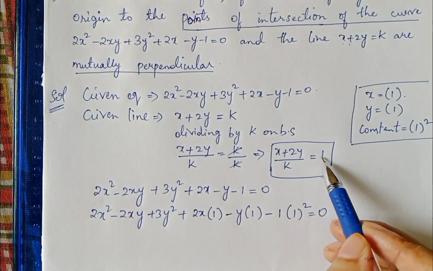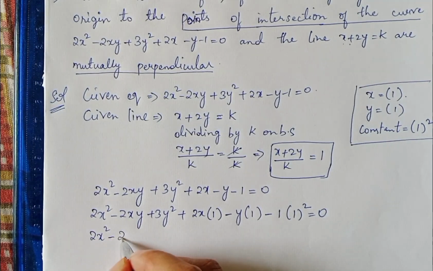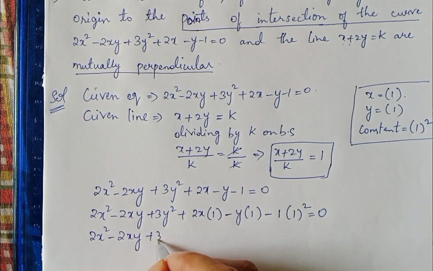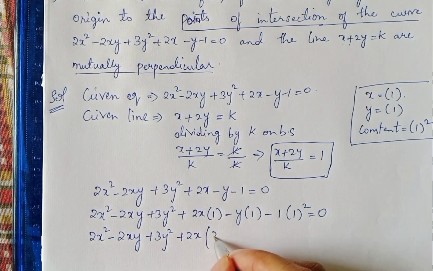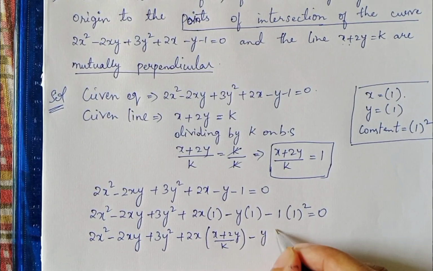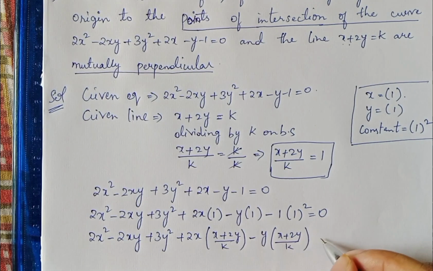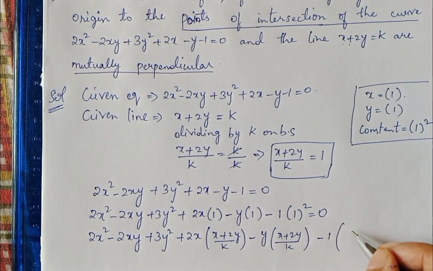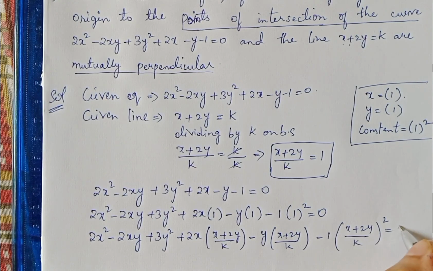Now substitute this value in the equation. So it is 2x square minus 2xy plus 3y square plus 2x into x plus 2y by k minus y into x plus 2y by k minus 1 into x plus 2y by k whole square is equal to 0.